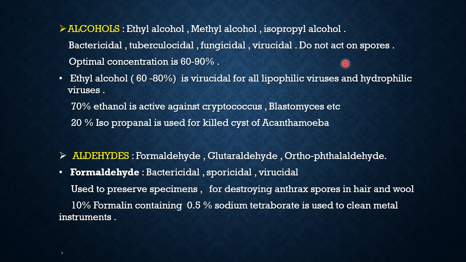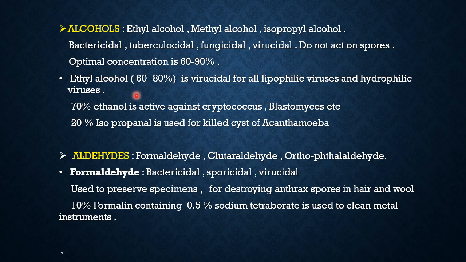But they cannot act on spores, and the optimal concentration used is 60 to 90%. Optimal concentration means the most favorable concentration which can be used for a specific purpose or application. In the case of alcohols it is 60 to 90%.